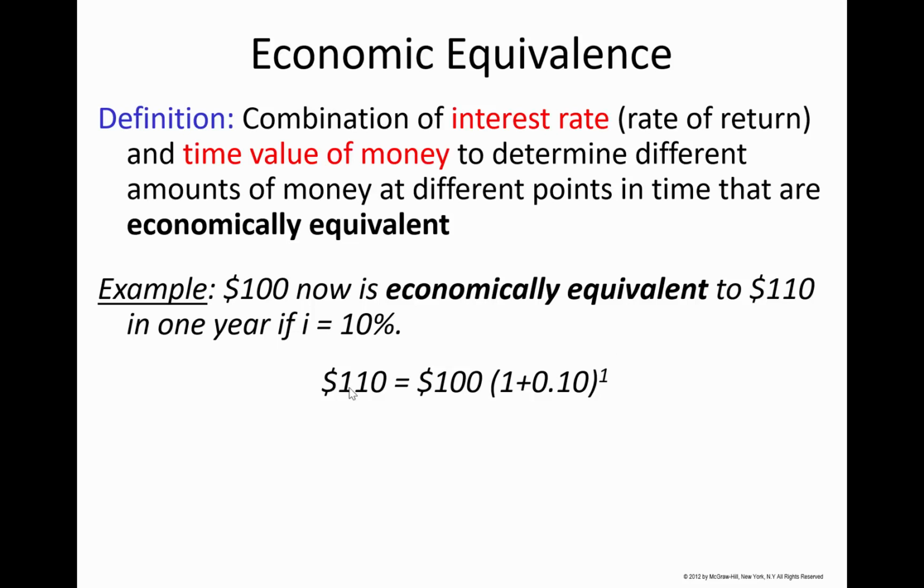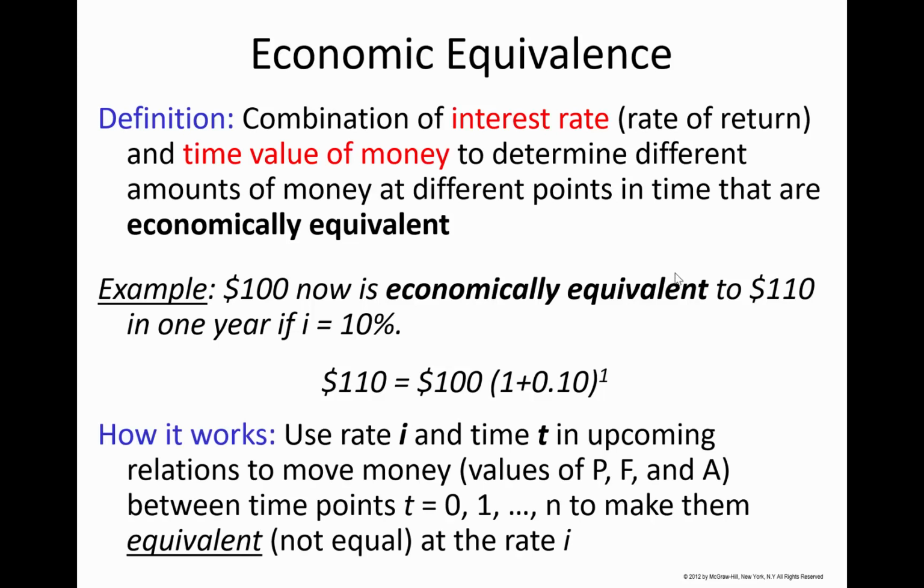I've put these amounts into the formula that gives us F equals P times (1 plus i) to the n power. And so this is an economic equivalence. Not the same amounts, but the same value. And this works simply by moving the time of money, which means that the amounts are also adjusted.